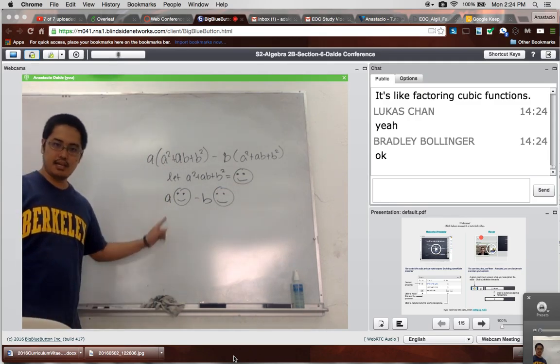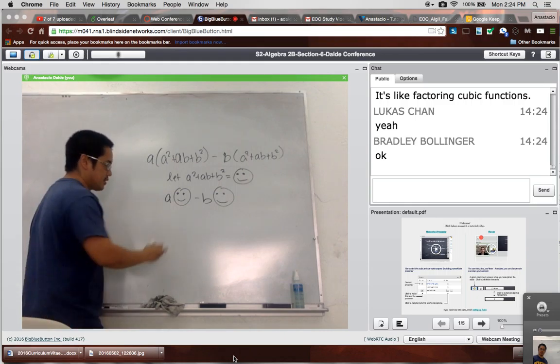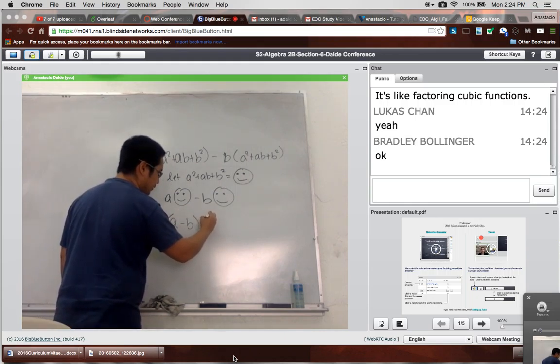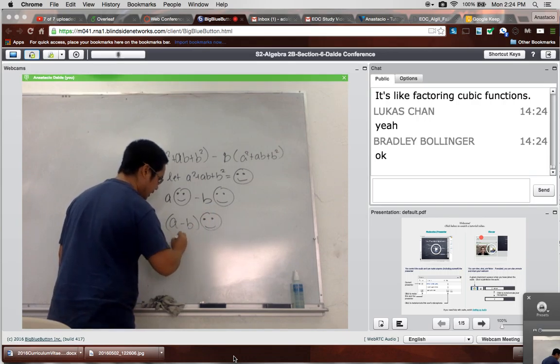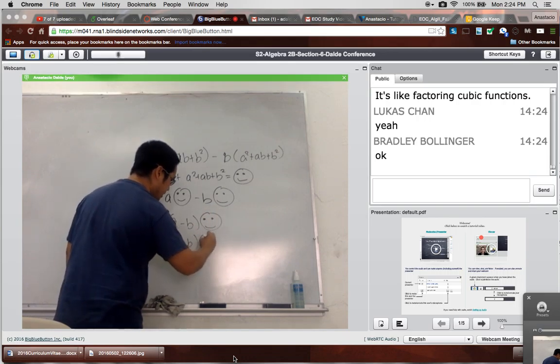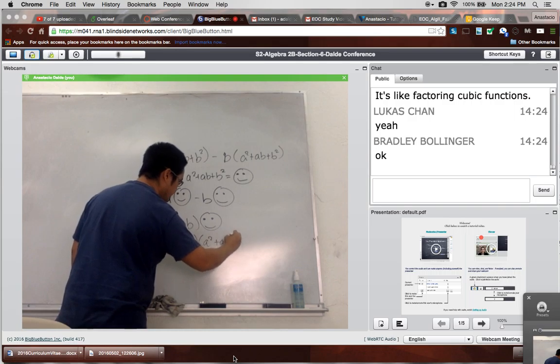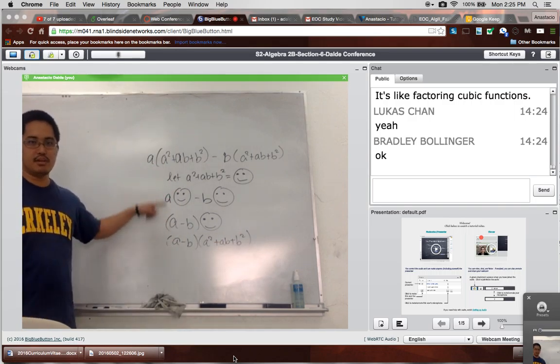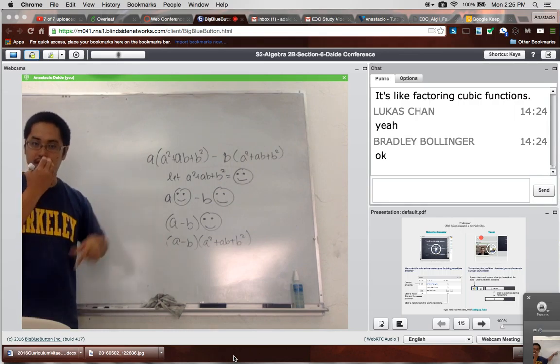Right? Hey, there's a smiley face in both of them. So this is really just A minus B times smiley face, which is A minus B times A squared plus AB plus B squared. This is the equation I gave you. This is the equation they had. It's really the same thing.